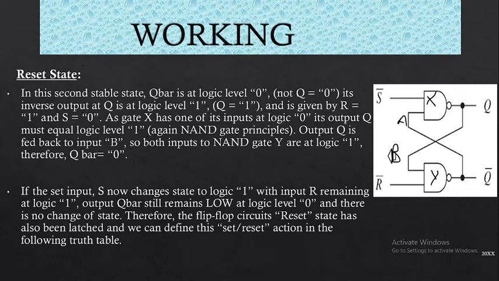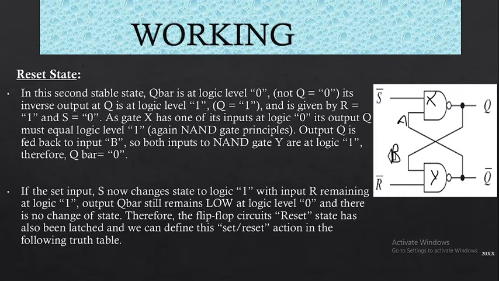The output of the Q NAND gate is input to the Y NAND gate in the form of B. So B also becomes 1 and R was already 1, so both the inputs of the Y NAND gate become high, that is equal to 1. According to NAND gate principles, the output of the Y NAND gate becomes 0, so Q bar becomes 0.